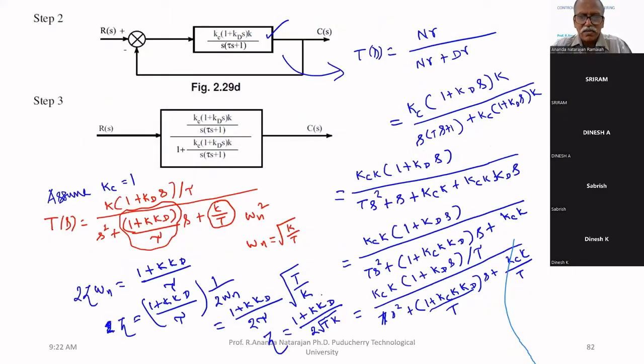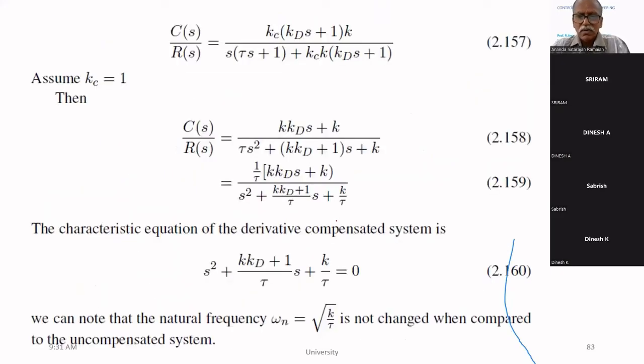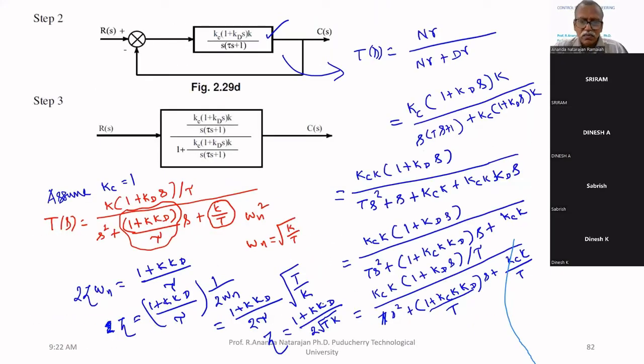Now what we got? Original zeta equal to 1 by 2 root Kt. New zeta is 1 plus Kd upon 2 square root of Kt.